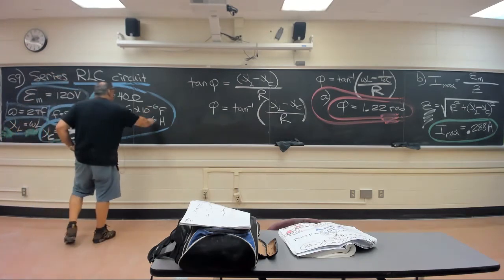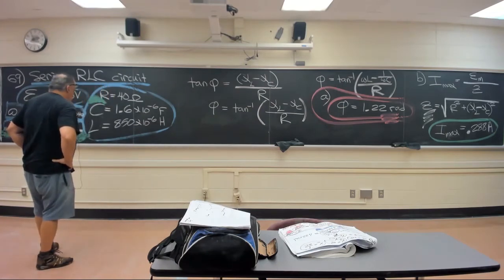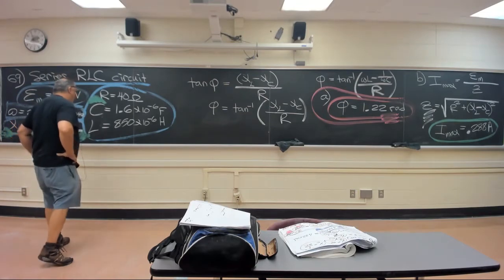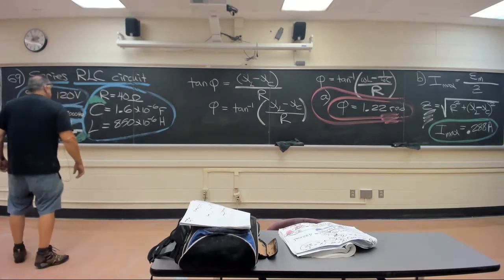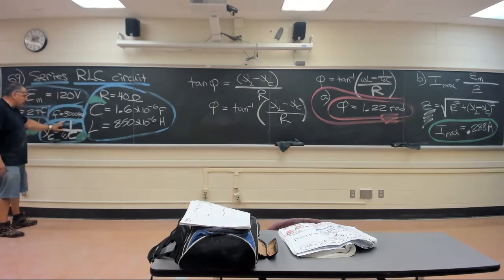Multiply with this, that's 3.2 times 10 to the negative 2. That's 100 divided by that. This comes out to about 30. So X sub C is about 30 ohms.